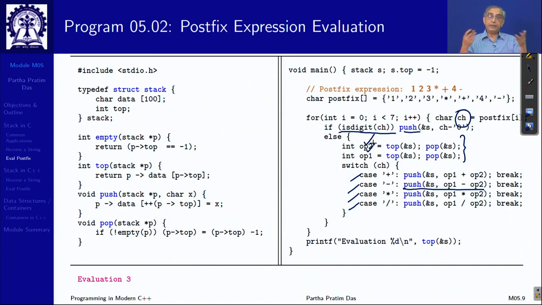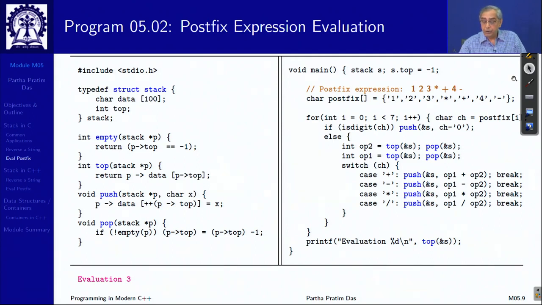I keep on doing this till I come to the end of the postfix expression and things go correctly. At that time, I will have only one element left, which is the result in the stack, which I take out as top. Postfix expression evaluation very smoothly done. Right. So, this kind of stack programming is very, very common.